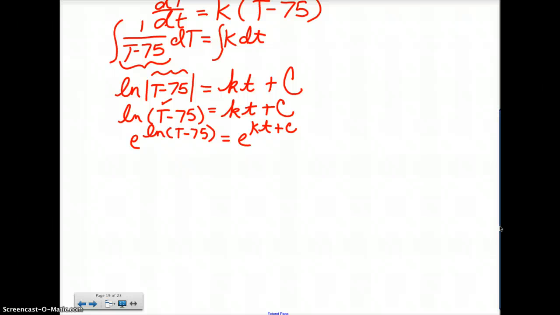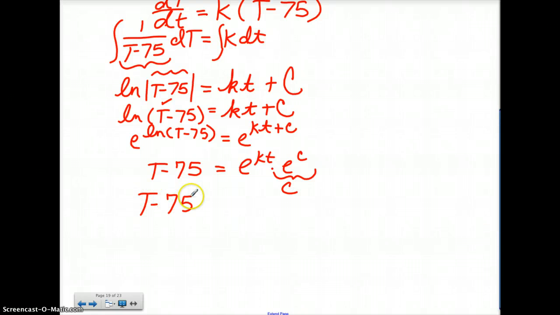So what I end up with on this one is, again, the e and the natural log basically are inverse functions. So I've got T minus 75 is equal to e to the kt times e to the c, which as usual, we're going to make that our own big C. So I've got the temperature minus 75 is going to be equal to a constant times e to the kt. So this is where I'm sitting at right now.